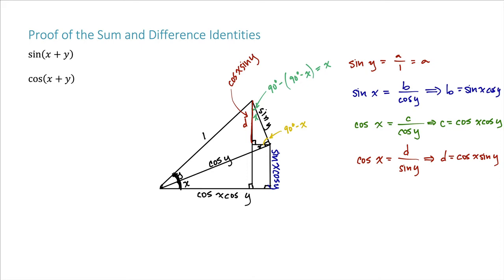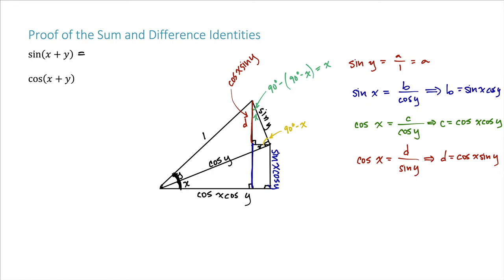The next thing we're going to look at is, well, actually now we've got enough to write one of these identities. I'm going to go ahead and do this. The sine of x plus y is going to be opposite over hypotenuse. And opposite is this full height right here, which is that red part, plus this length here, which is sine of x cosine of y.